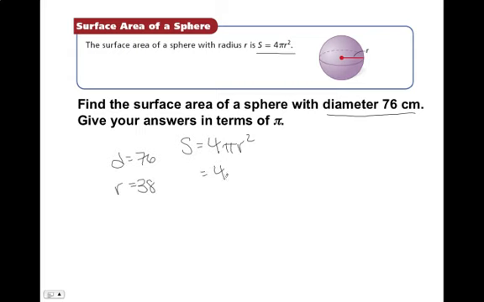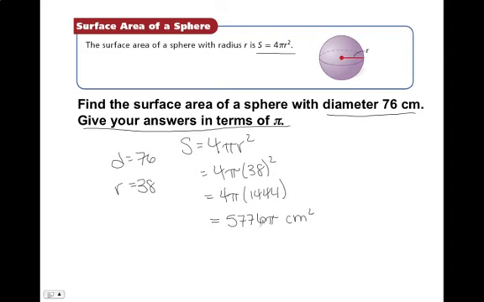So when we substitute in, we get that it has a surface area of 5,776 pi square centimeters. And again, it said to give your answer in terms of pi. So we have that symbol in our answer.